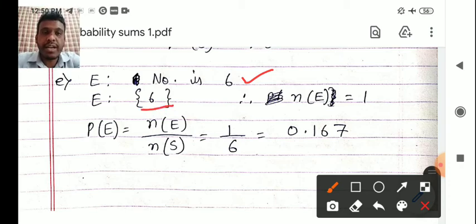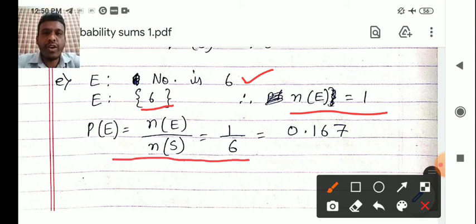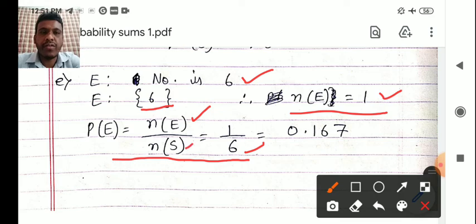Only one number, that is exactly 6. So n of E is equal to 1. Probability of E is equal to n of E upon n of S, which is equal to 1 upon 6, because n of E is 1 and n of S is 6 here continuously. So 1 upon 6 is equal to 0.167.